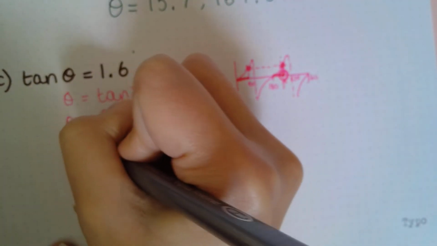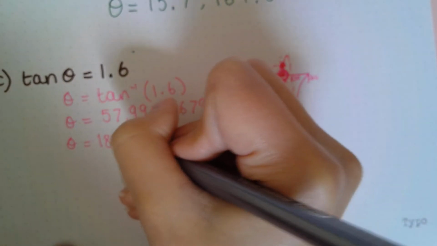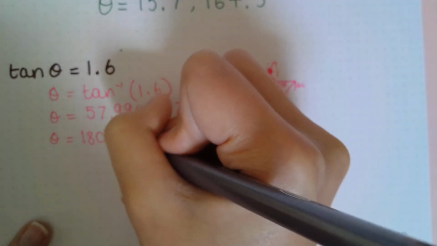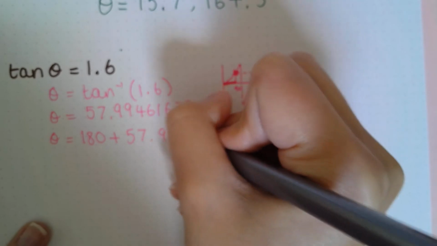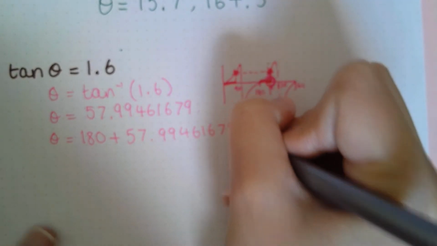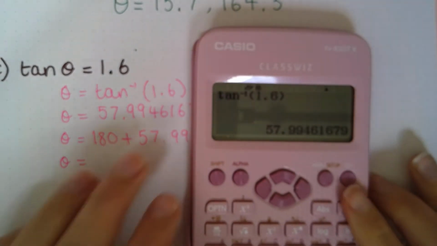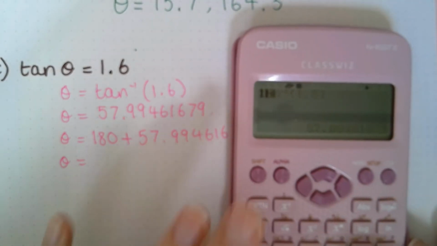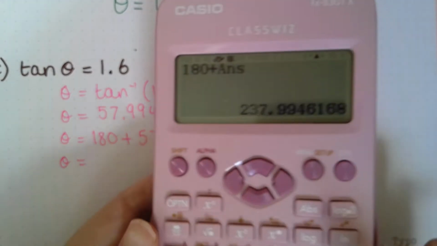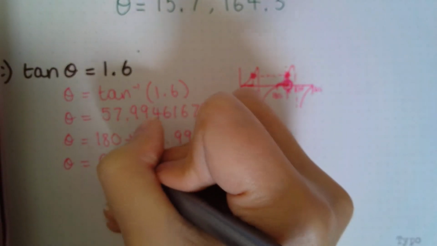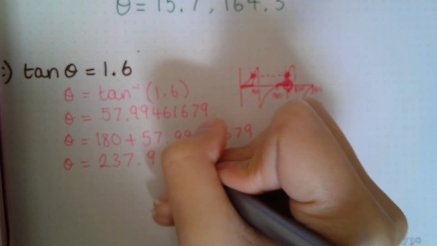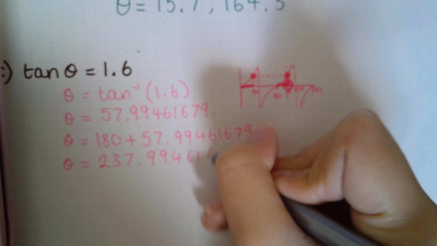So we've got theta equals 180 plus our 57.99461679. So we've got 180 plus our answer, 237.994616.